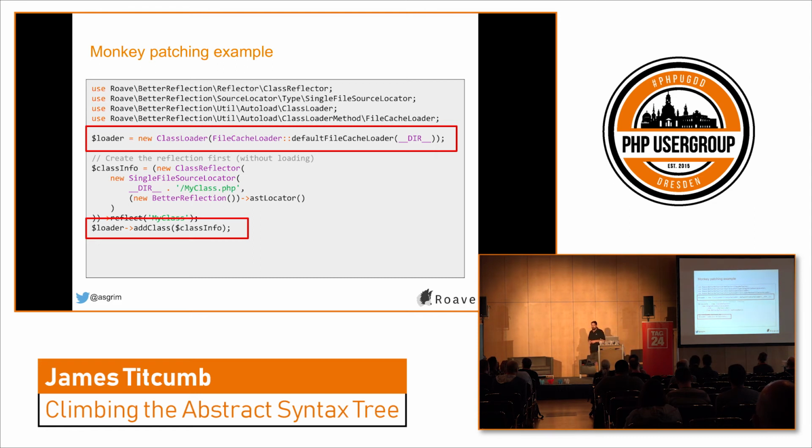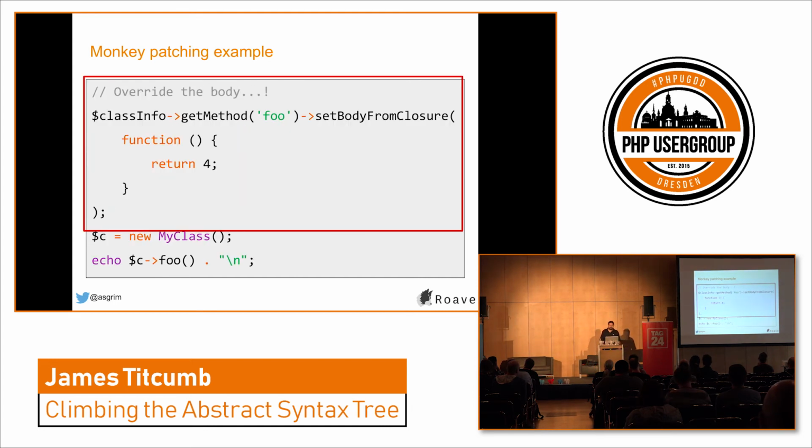We basically wrap it up like an autoloader that we add in as well, which means when we modify stuff, we can tell the autoloader, hey, I've got a modified version of this class. This particular configuration will cache it in a file, so it's hopefully quicker. And then we can call this method that is not in PHP's own reflection API, like setBodyFromClosure. And you can give it a function.